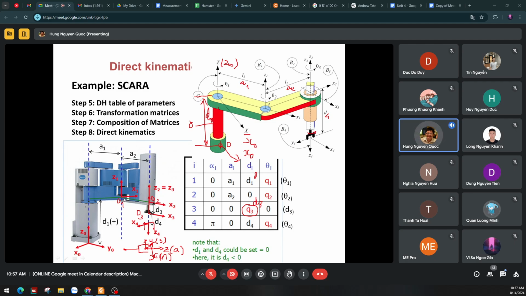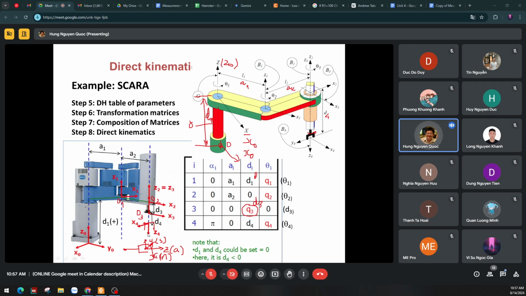And D3, the distance between O2 and O3. If we choose here is O3, I name it D3. And in this case, it is a variable, right? I put here the red color, that means variable.